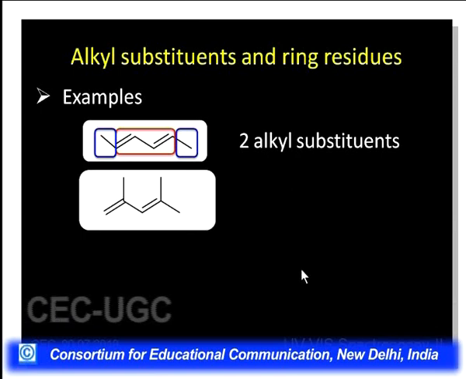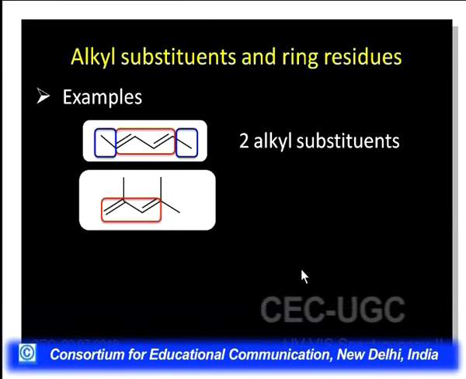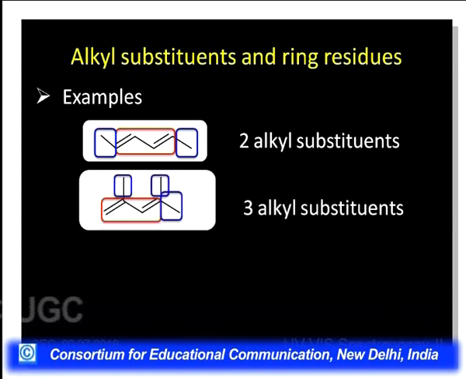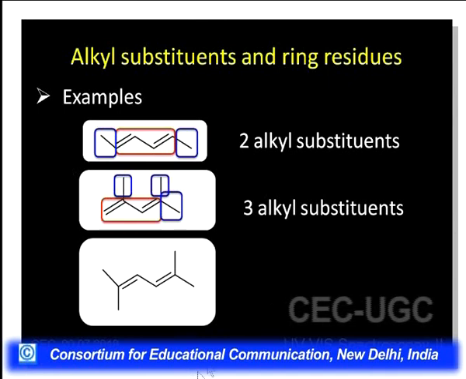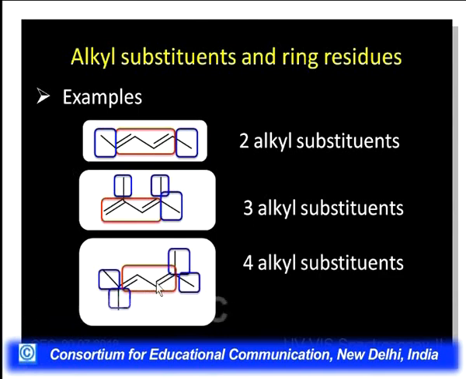In this case, this is a different molecule now. Again, this is my basic chromophore, and these three are the alkyl substituents. That means this is 1, and on this, 2 and 3. In this case, what do we have? This is my basic chromophore, that is butadiene, and then there are 4 alkyl substituents.